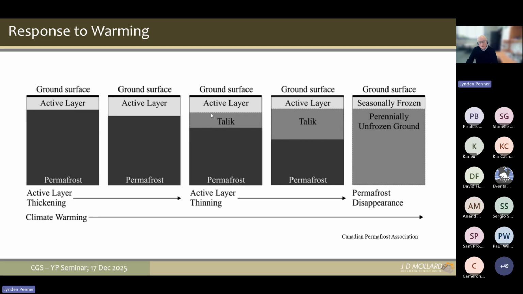So the active layer still freezes down to some depth, then unfrozen, and then the permafrost is below that. The talik increases in depth over time to the point where you have all unfrozen ground, and all you have in terms of frozen conditions are the seasonally frozen conditions near the surface, in which case it's no longer called an active layer, it's the seasonal frozen layer.